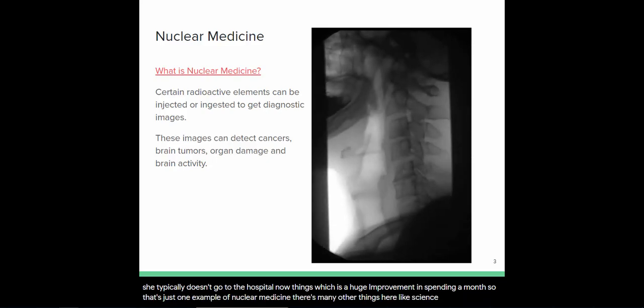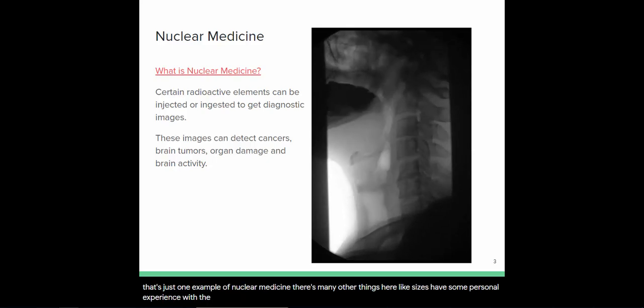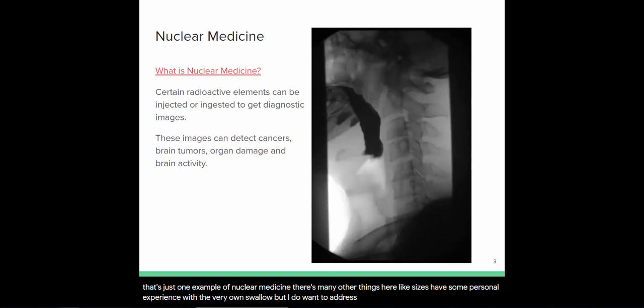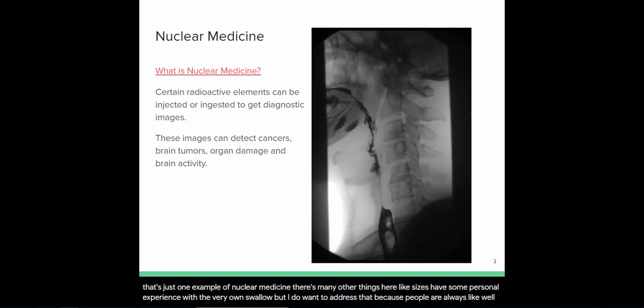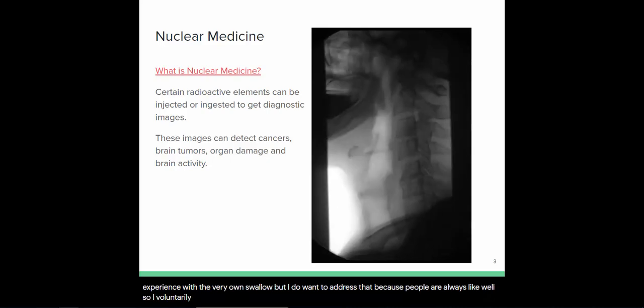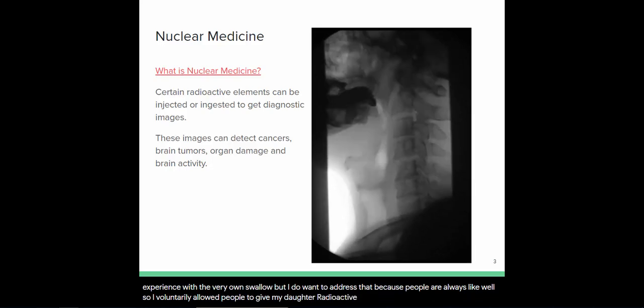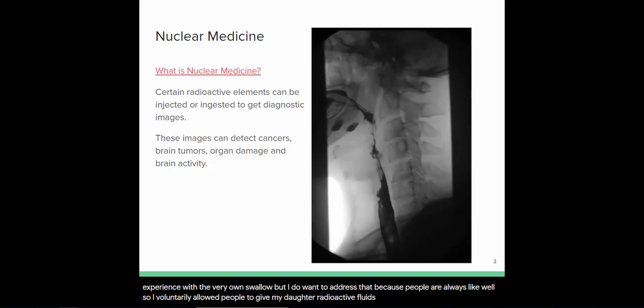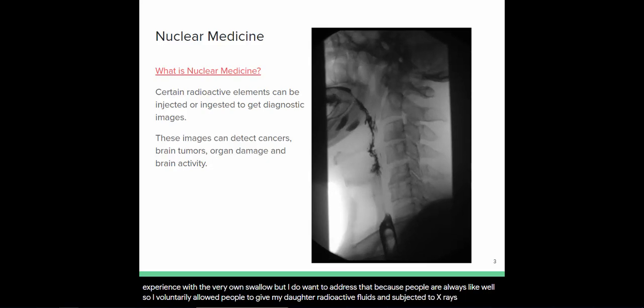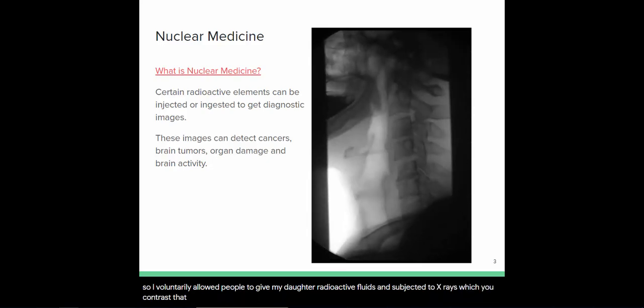Like I said, I just have some personal experience with the barium swallow, but I do want to address that because people are always like, well, what? So I voluntarily allowed people to give my daughter radioactive fluids and subject her to x-rays. Which, if you contrast that with today's debates about, are vaccines safe?